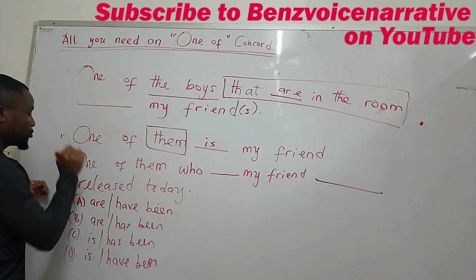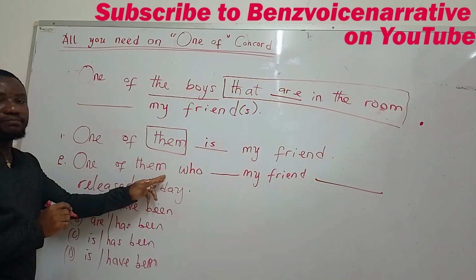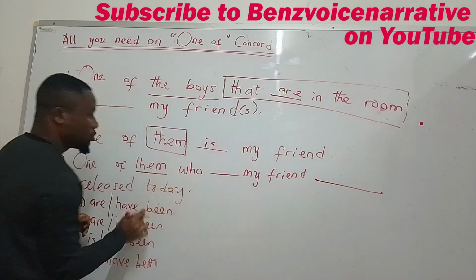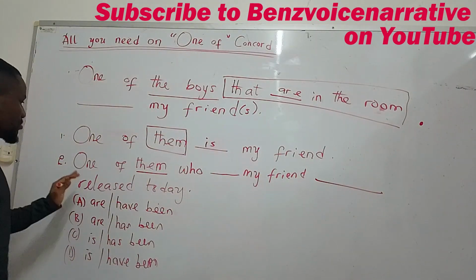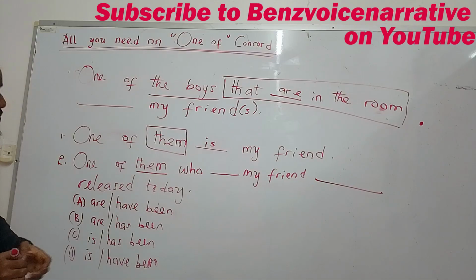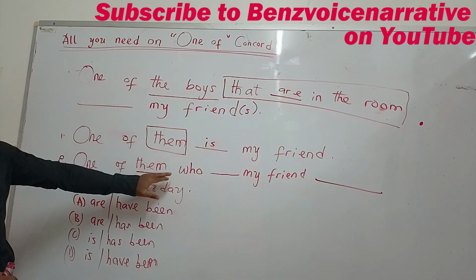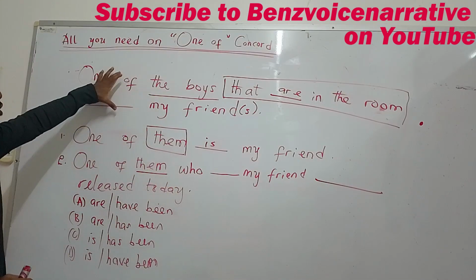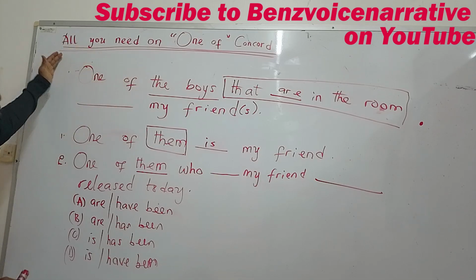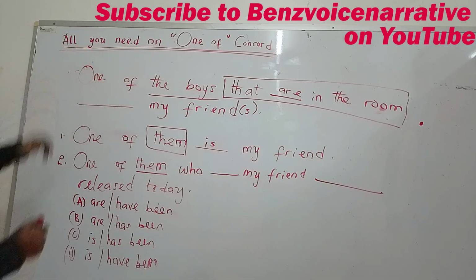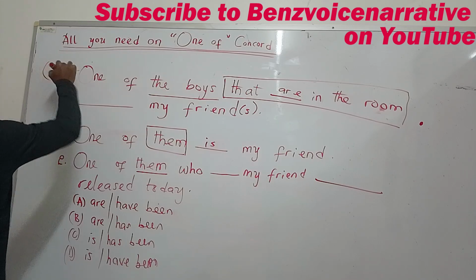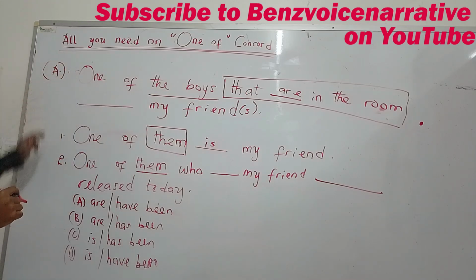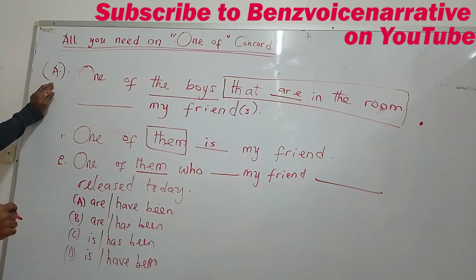So let's come to this number 2. One of them, who, dash, my friend, dash, released today. Remember, look at it. It looks like it is giving the vibe of this particular example. This example, let me tag this A. A is giving the vibe of 2, and 2 is giving the same vibe as A. But there's a difference.